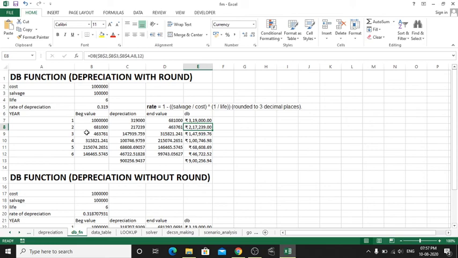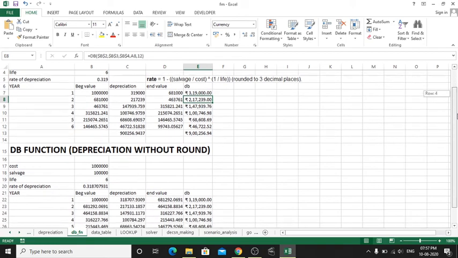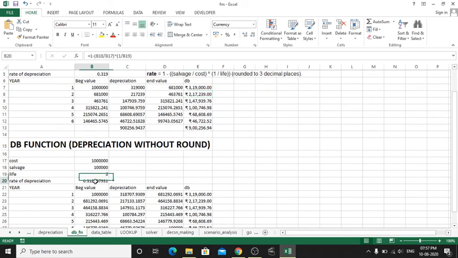Like this we have to find out the remaining years also. The next one is finding the fixed rate without using the round function. Here we applied only the formula, that means 1 minus salvage divided by cost raised to 1 by useful life. We never used the round function for finding the fixed rate.